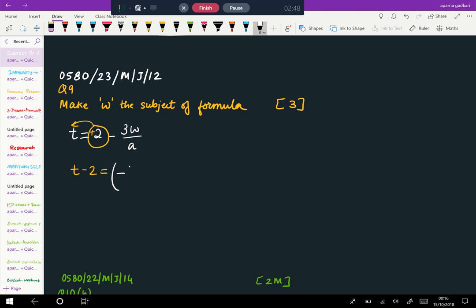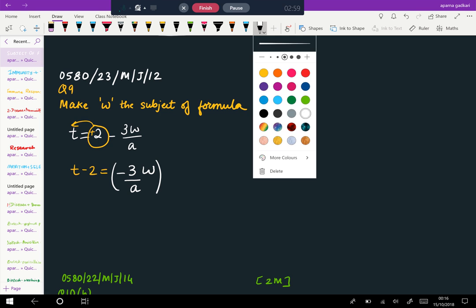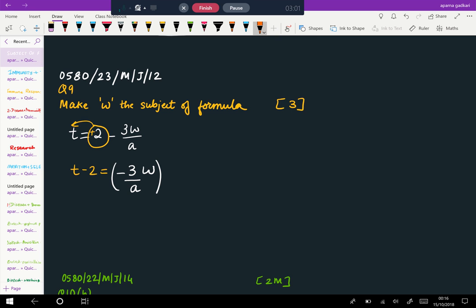It was minus 3w upon a. You can rewrite this also in this way. So like I told you, what you can do is you can take this entire minus 3 upon a to the left hand side.